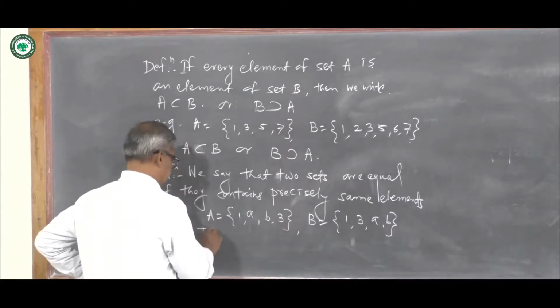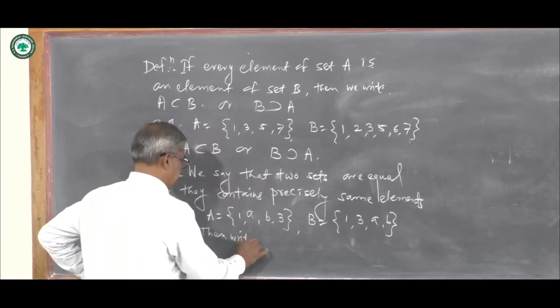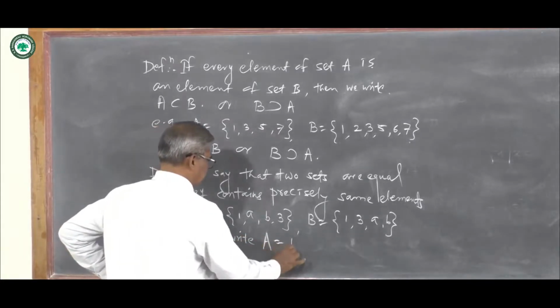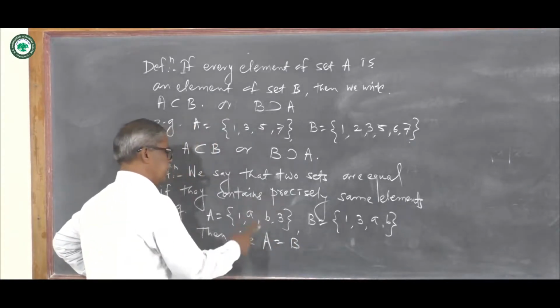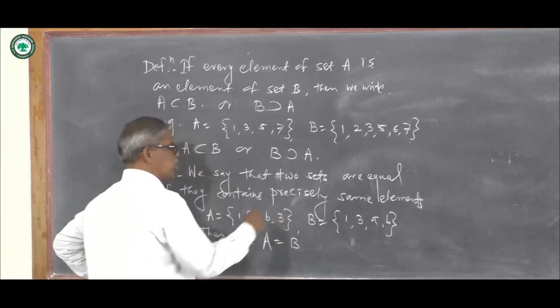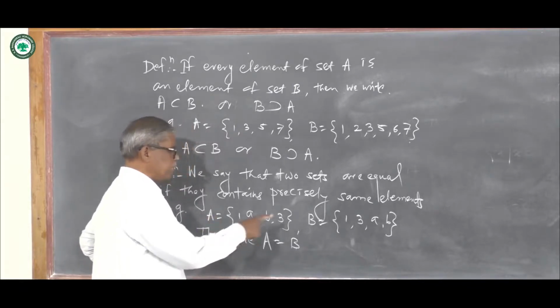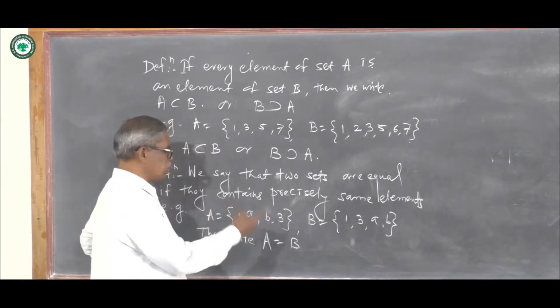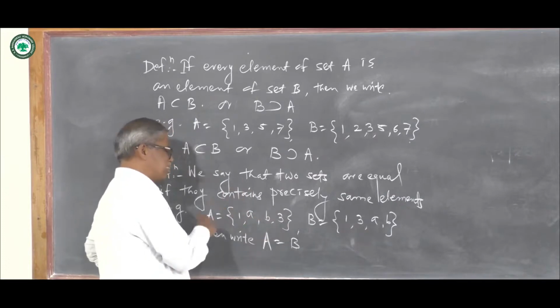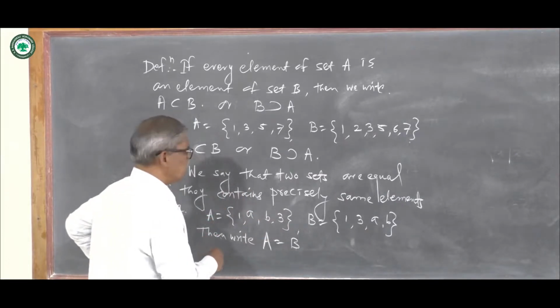Then we write capital A is equal to B. 1 is there, 3 is there, a is there, b is also there. Therefore, A is equal to B. Each element of A is in B, that is, A is a subset of B. B is also a subset of A. Therefore, A is equal to B.